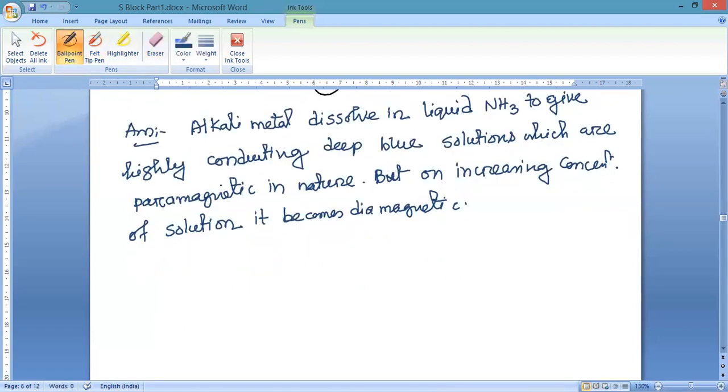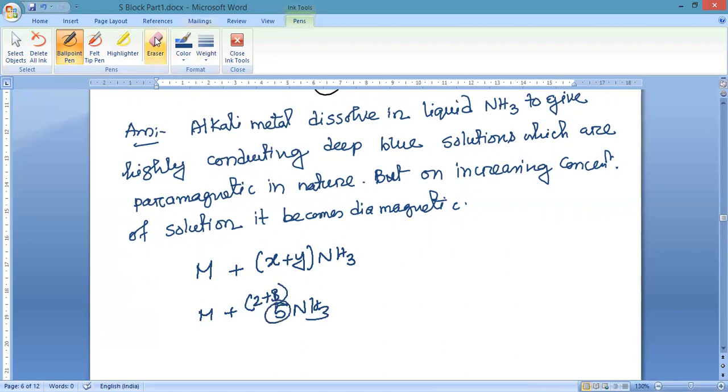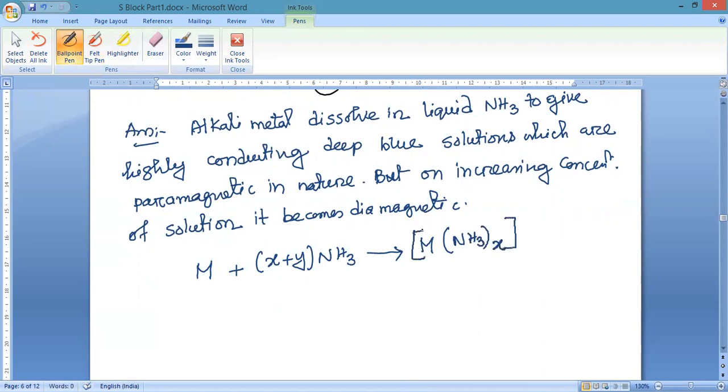So let's see. First of all, when any metal reacts with ammonia, X plus Y ammonia. X plus Y means suppose यहाँ पे है 5 NH3, so it can be distributed like 2 plus 3. तो ऐसे यहाँ पे X plus Y मैंने लिखा है. तो जब ये रिएक्ट करेगा विद द मेटल एटम, so ammonia मेटल के साथ कॉम्प्लेक्स फॉर्म करेगा. Okay, its charge will be plus. So X number of ammonia comes with metal, but you have Y number of ammonia, right?